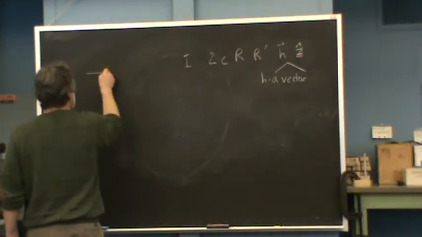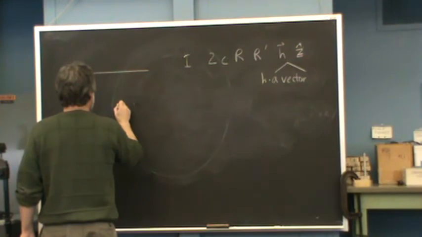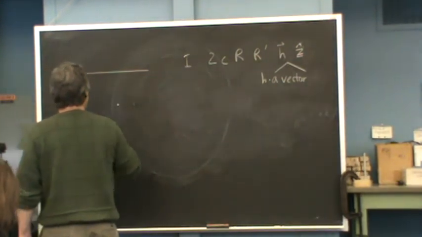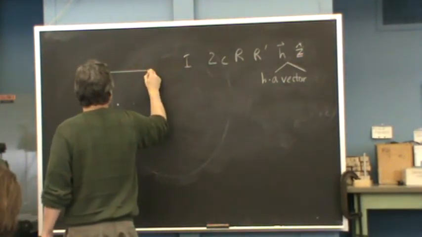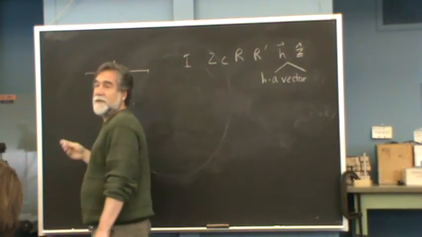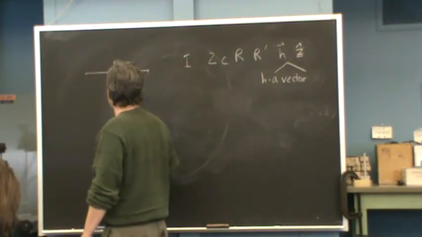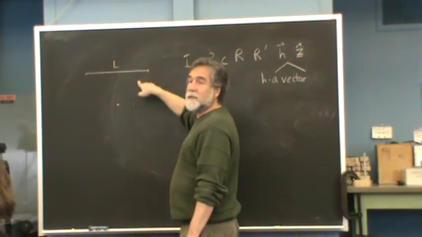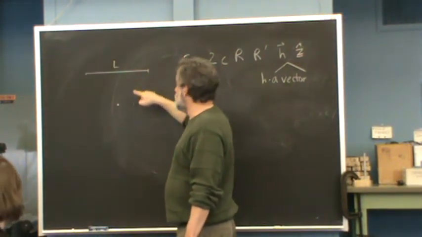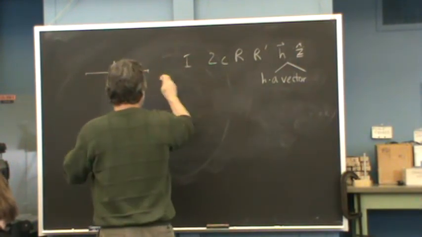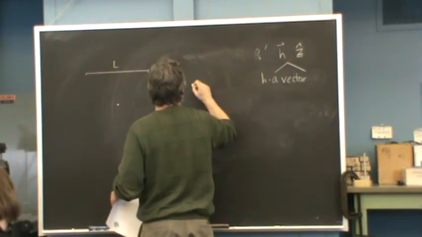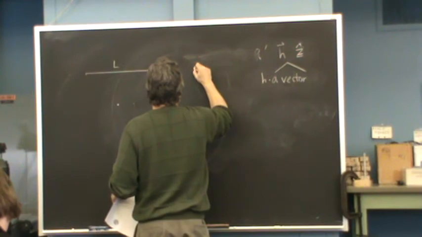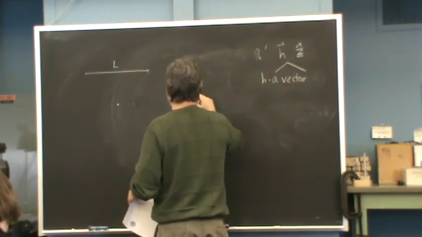So let's see. You've got something of length, I don't remember what it is, L, yeah. All right, and you need to look at this edge on. So now I'm going to take this and turn it edge on. There's my wire, and there's the point that I'm interested in.